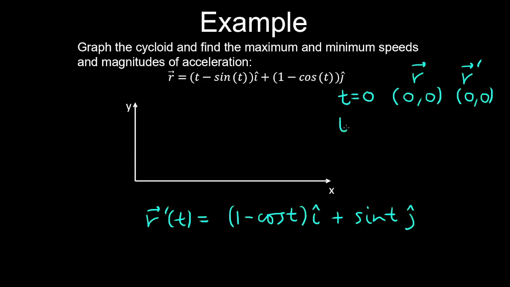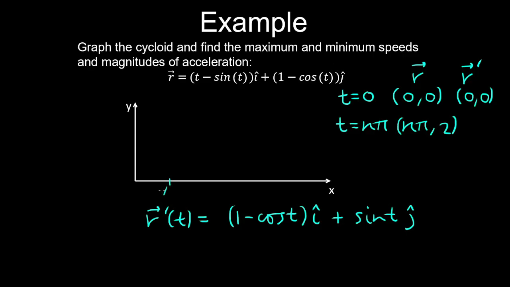And when t is an odd multiple of pi, we get the position having an x coordinate of n pi and a y coordinate of positive 2. So cosine pi, 3 pi and so on gives negative 1.